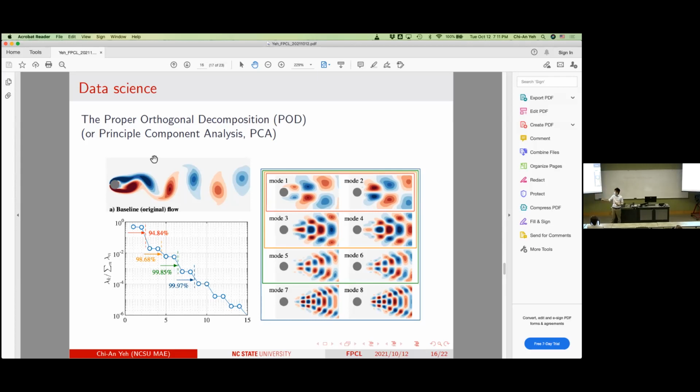in your flow field. You have a flow over a cylinder, you can take snapshots of the flow field, thousands of them, and you find how oscillations appearing in space are correlated with each other. So you can find the oscillation, you can even rank the energy of the oscillation in terms of the rank of the mode.